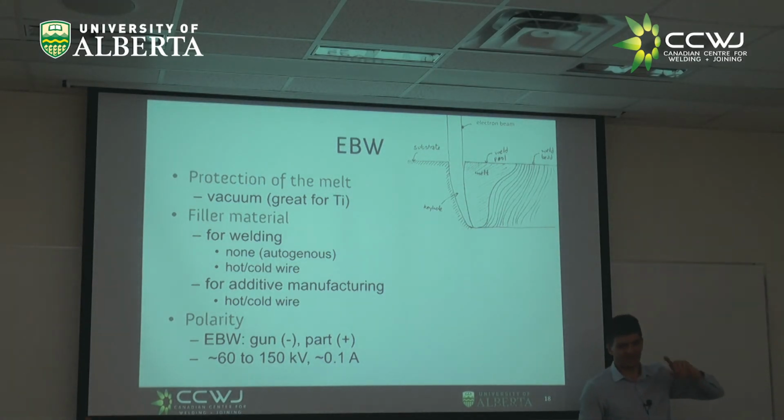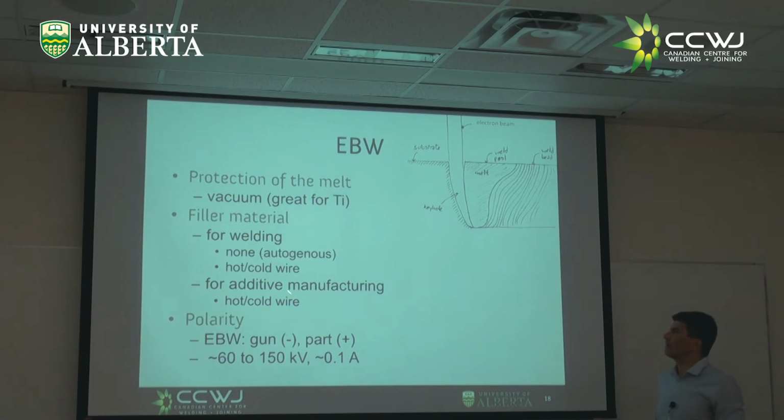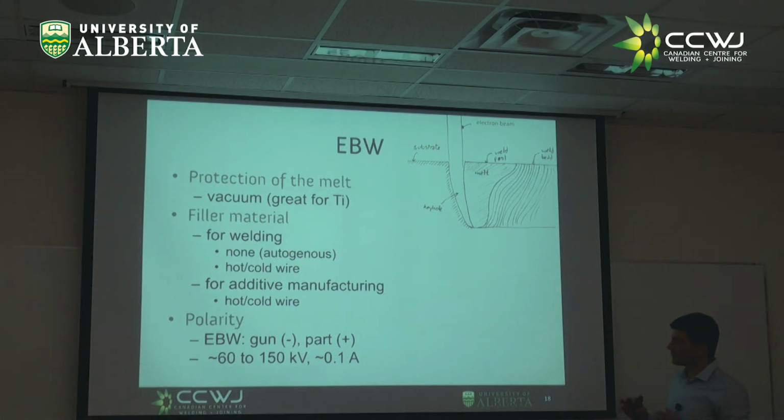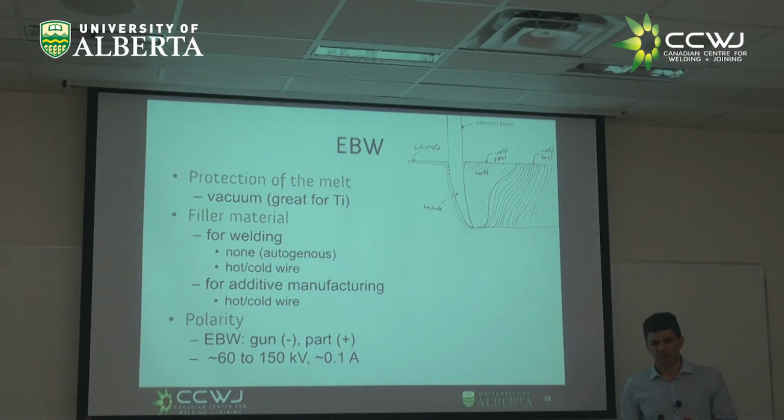In vacuum, there's not a whole lot of atoms of oxygen to suck up. So electron beam welding being done in vacuum is a really good thing for titanium. Filler material, very similar to laser. You can be autogenous, you can be hot or cold wire. Would you do powders?